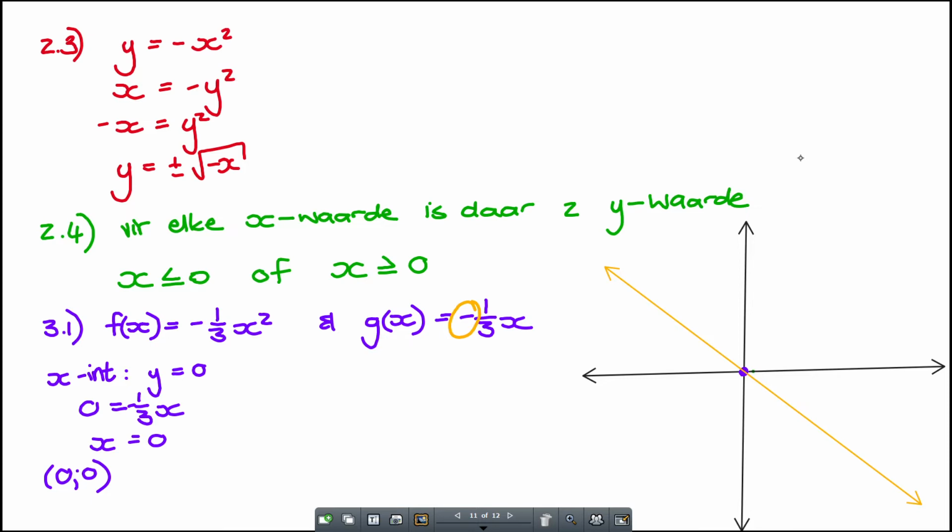Ek gaan dit nou vir my maklik maak. I'm going to say if x is 3. Why 3? Because a third times 3 will give me 1. So as x 3 is, gaan y wees minus 1. Do you guys agree? Okay, so plot net my daai punt, as x 3 is, gaan y wees minus 1. Kom ons sit hom sommer hier so.